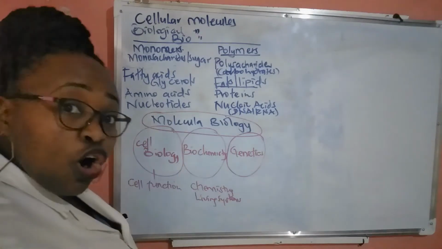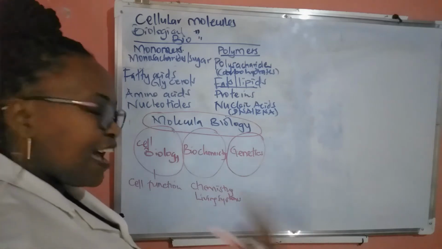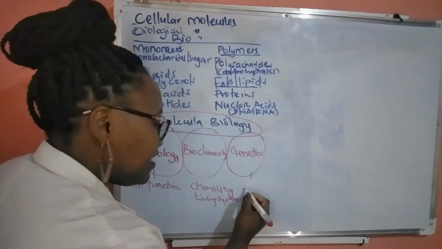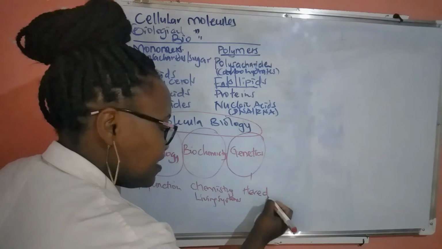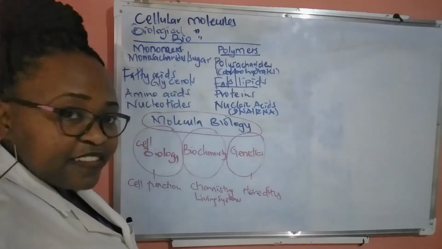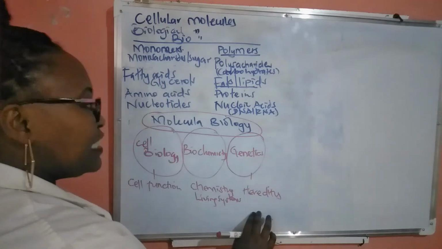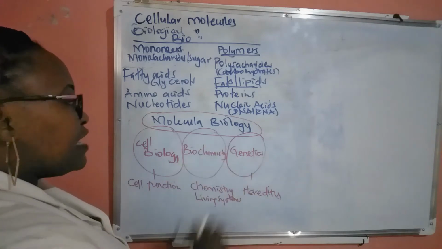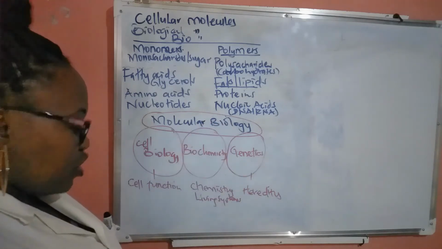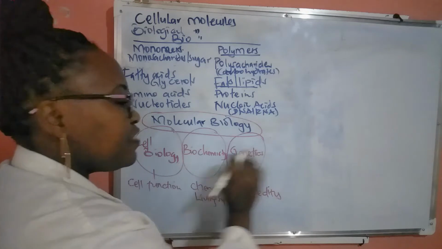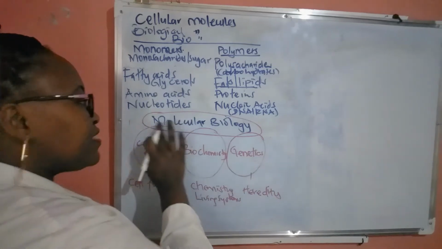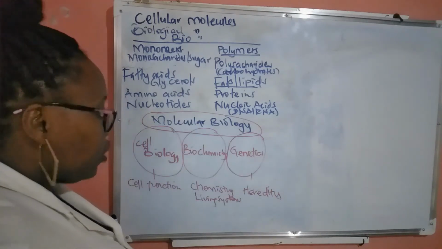What are the chemical groups? Is it carbon? Is it hydrogen? And genetics is the study of heredity, or inheritance in short. So these 3 are very key in molecular biology because it is the study of all of them in one, which helps us define what molecular biology is.